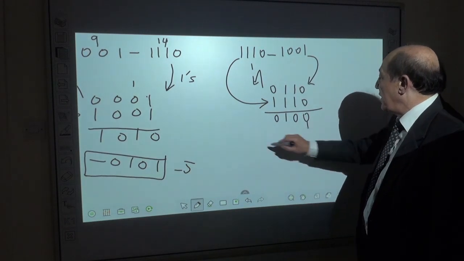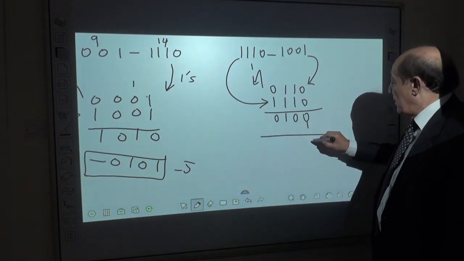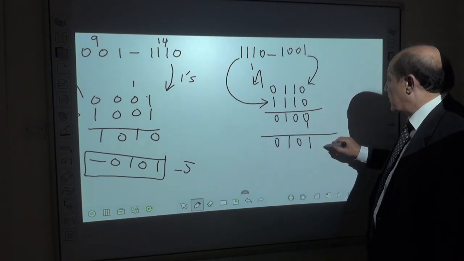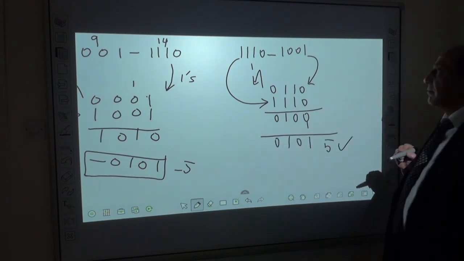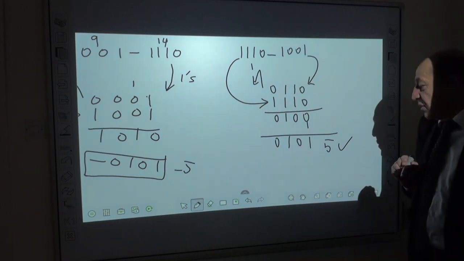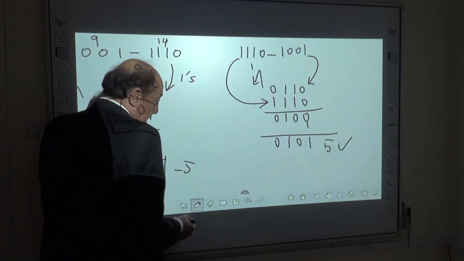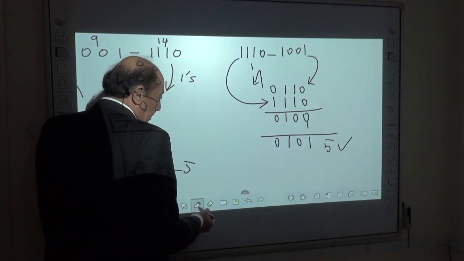We should add the end-around carry here, and we have 1 0 1 0, which is 5. So this is subtraction using r minus 1's complement.